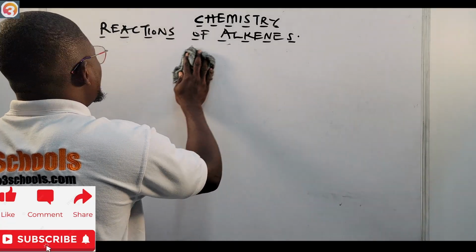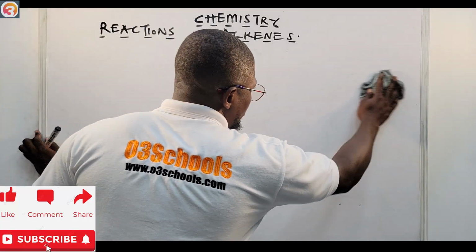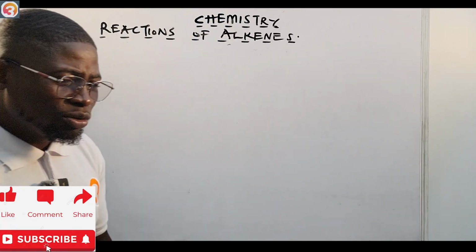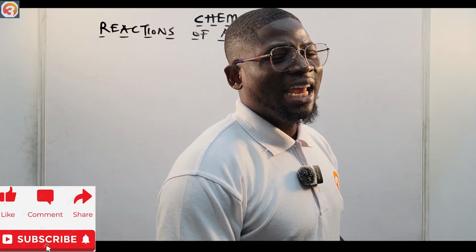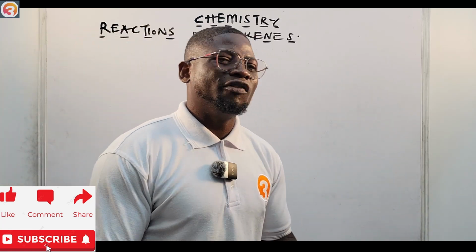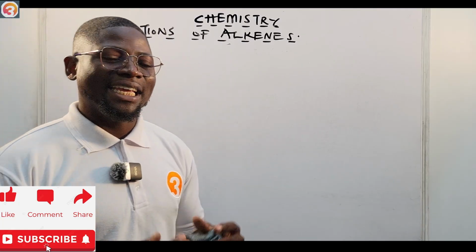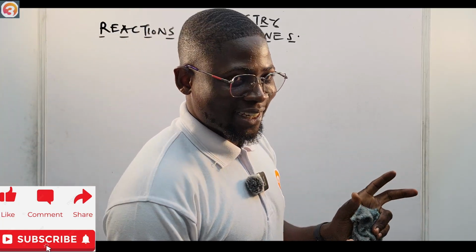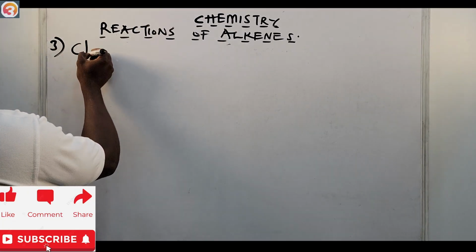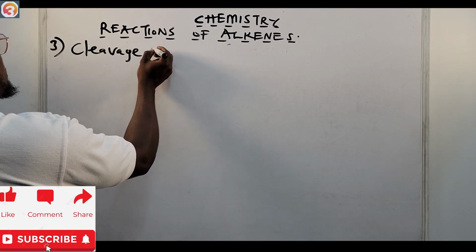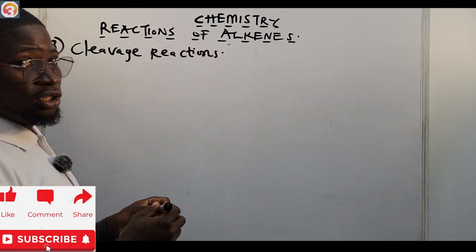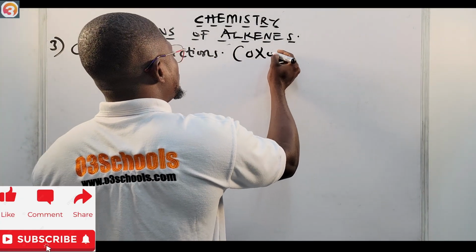In ozonolysis, an alkene reacts with ozone, leading to the formation of an ozonide, and on further reaction with zinc dust and water leads to the formation of an aldehyde and a ketone. It's very easy to understand. Number 3, the third type of reaction, we call cleavage reactions, the one we call ozonolysis.